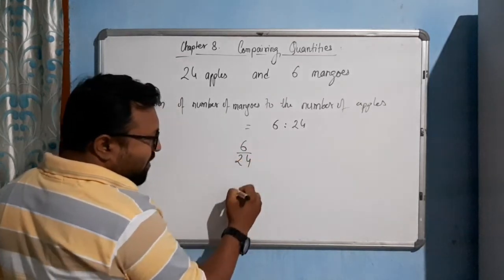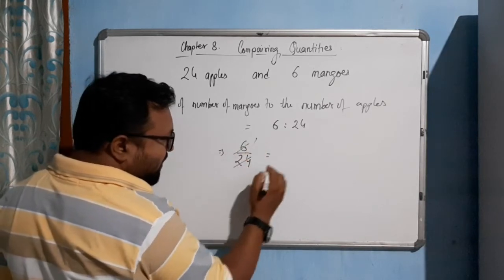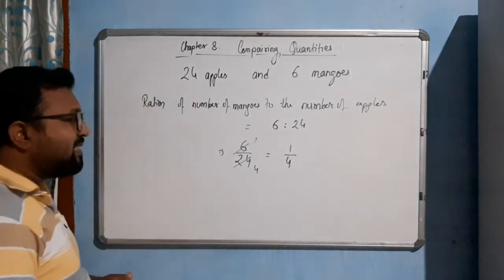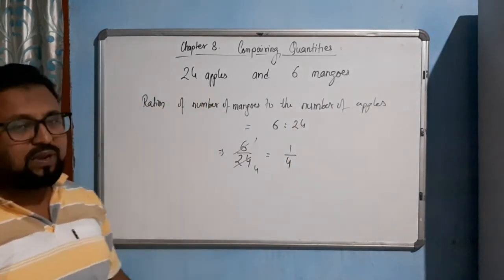If you cancel it out, 6 ones are 6, 6 fours are 24, it means 1 by 4. So we can say that the number of mangoes is 1/4 the number of apples.